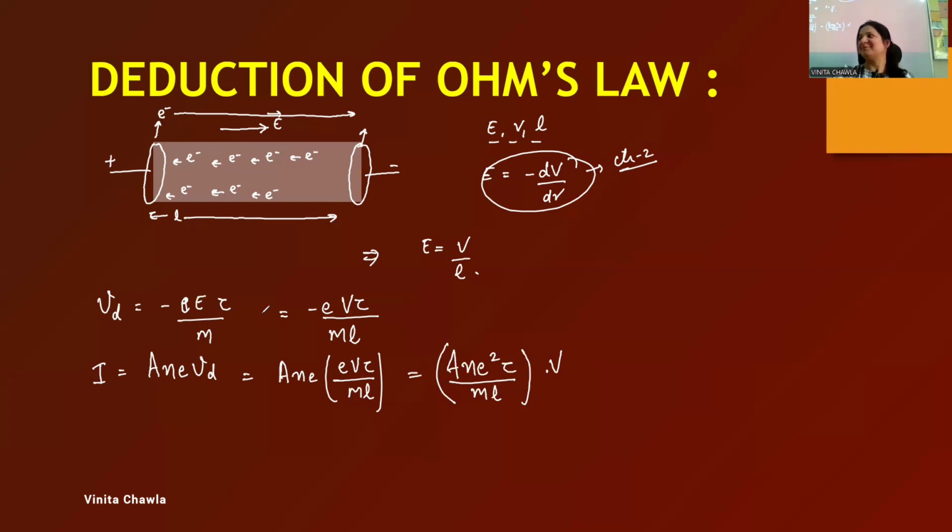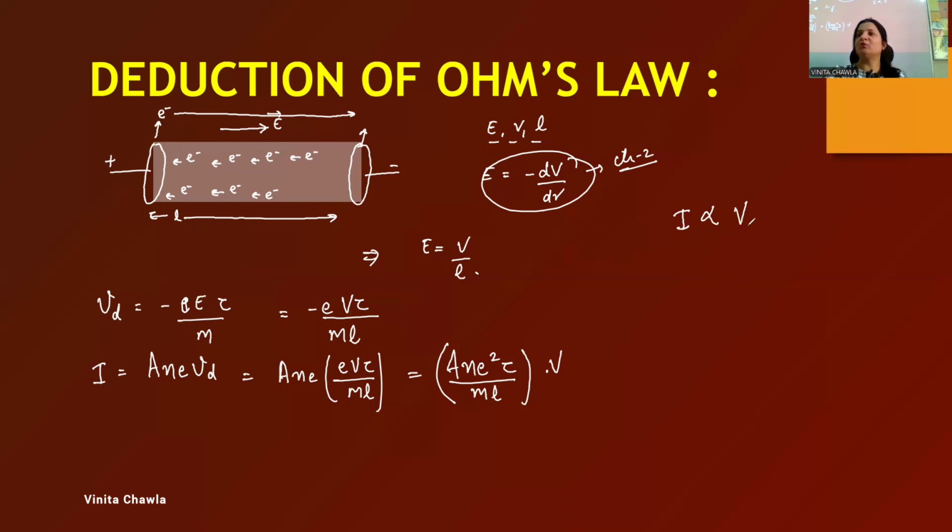So, according to Ohm's law, current flowing through a conductor is directly proportional to potential difference applied across the ends of the conductor at constant temperature. If we change the temperature, resistance changes, right?